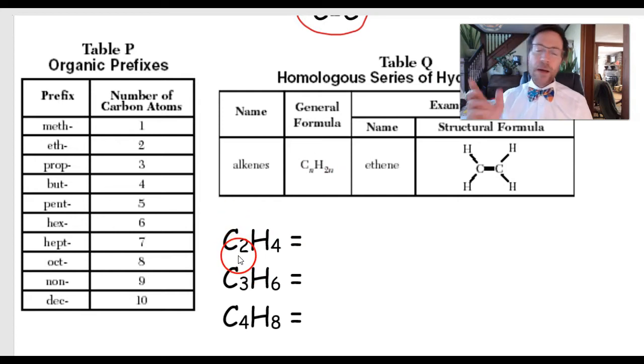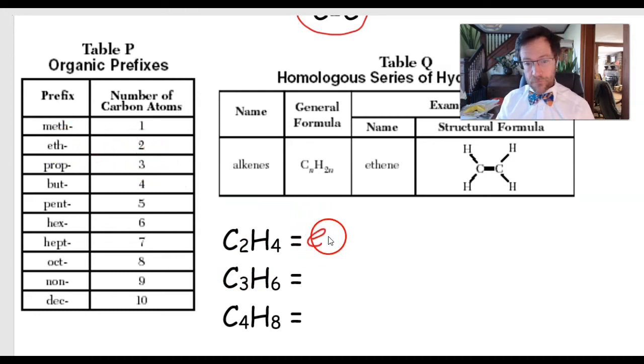Two carbons. Let's do the prefix first this time. I got all excited last time and did the general formula first. So 2 carbons, eth. Now we'll do the general formula. N is 2. That's 2 times N. That's alkenes. So instead, it's going to be ethene.